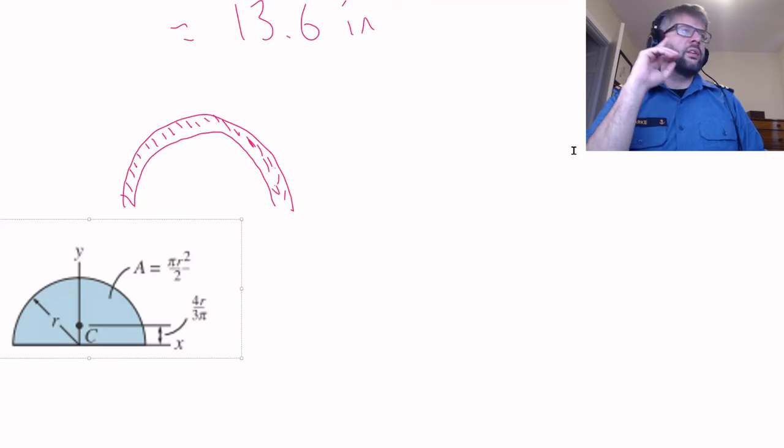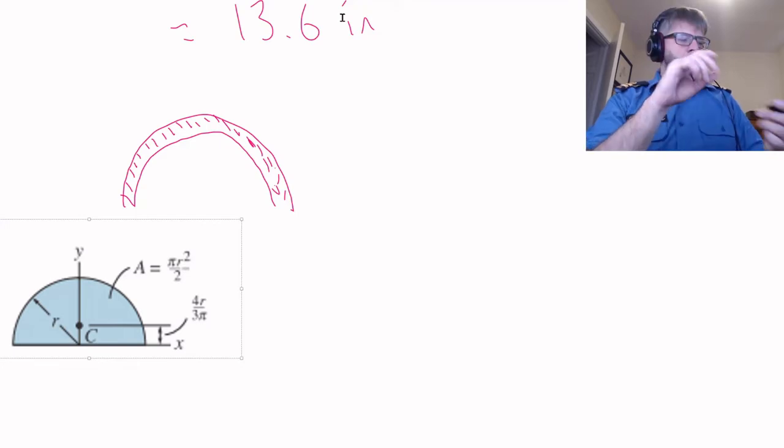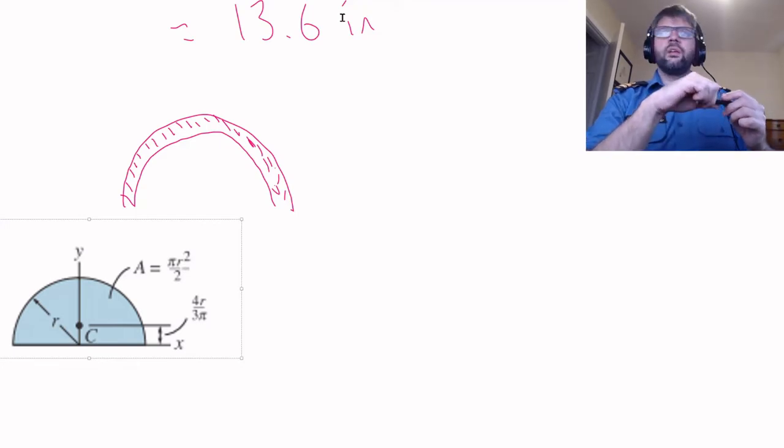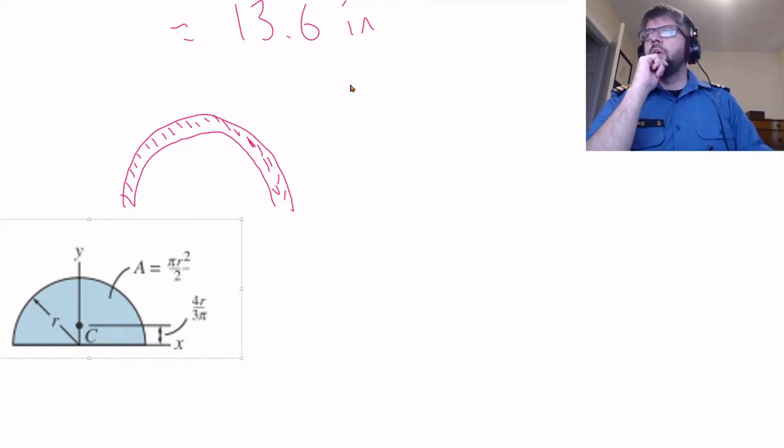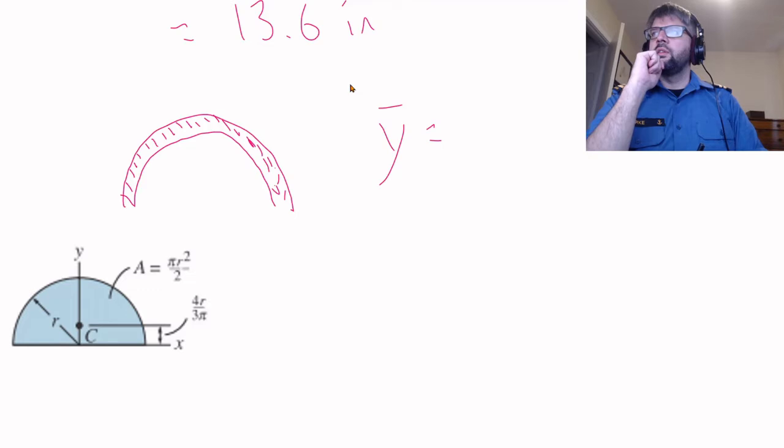So if we want to get to this semicircle thing, then what we need to do is just go back to statics from last year. So y bar is equal to the sum of the y bar times area contributions, essentially.